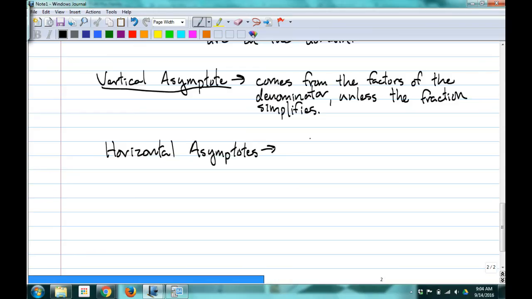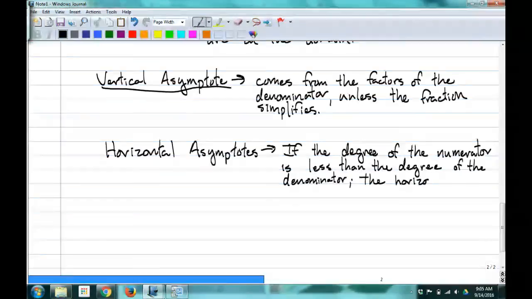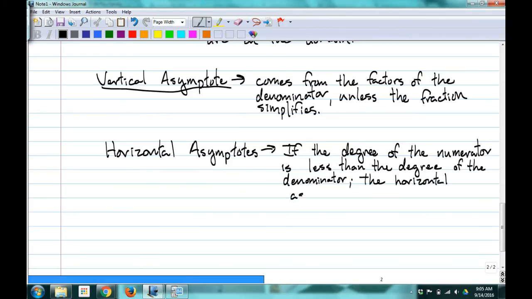Okay. So if the degree of the numerator is less than the degree of the denominator, the horizontal asymptote is y equals 0.